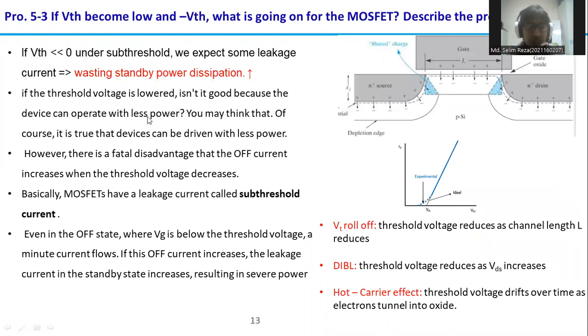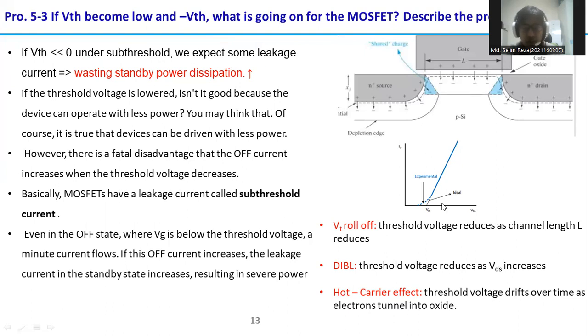And the next question is, how does the VT become less and negative, and negative? So what will be the problem? If the VT goes to the sub-threshold level, we expect some leakage current.